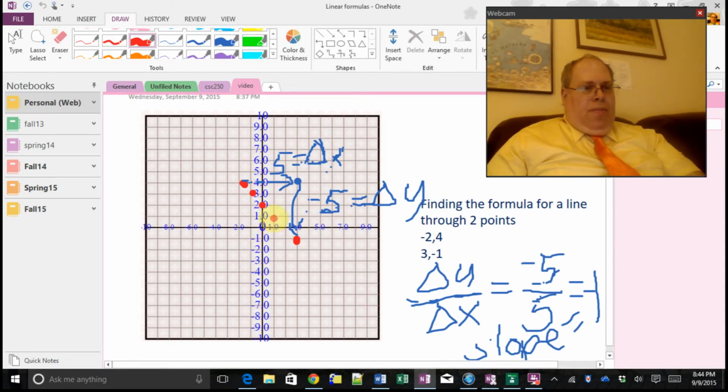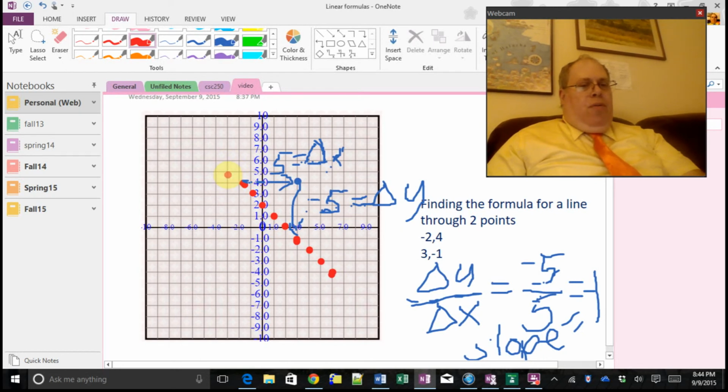But I'm going to continue dropping points. Down 1 over 1, down 1 over 1, until I hit the other point. That tells me I got my slope right, so that's a little check on the slope. I keep going to make a few more points, and I can also go backwards.